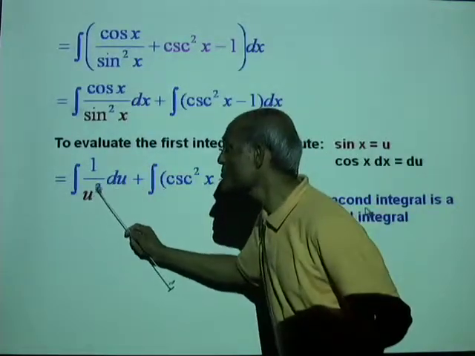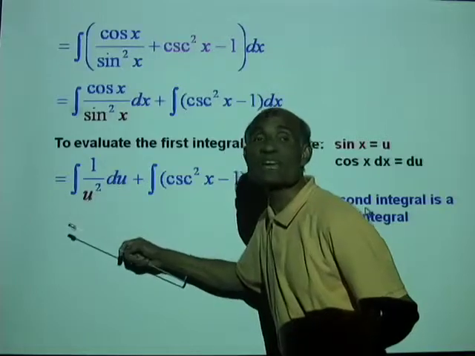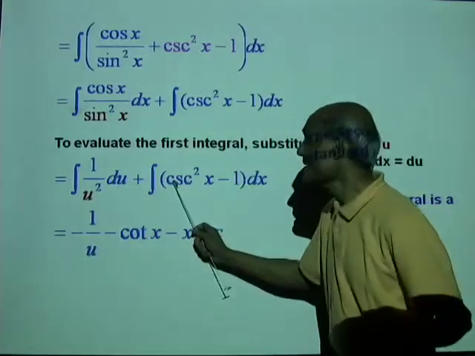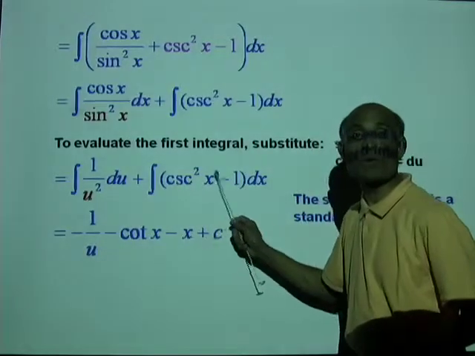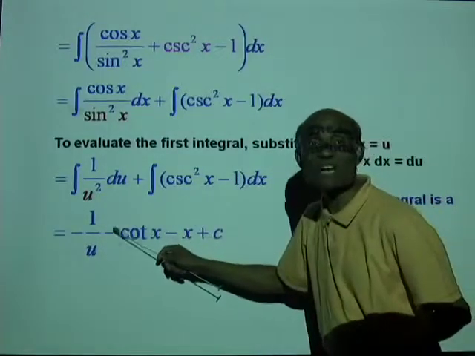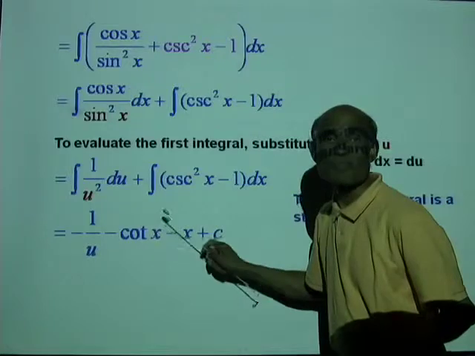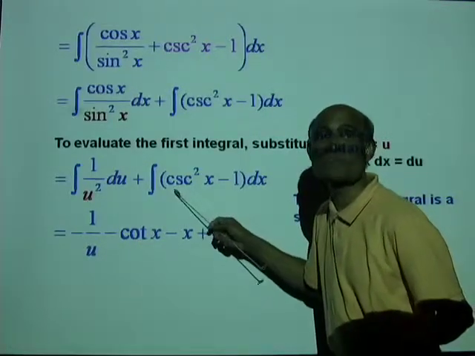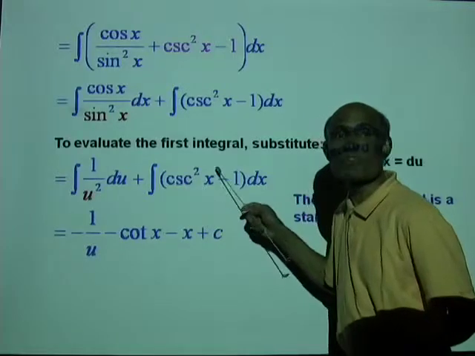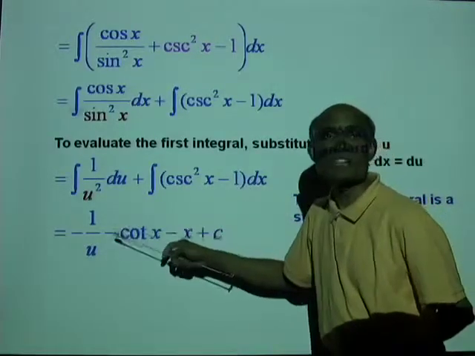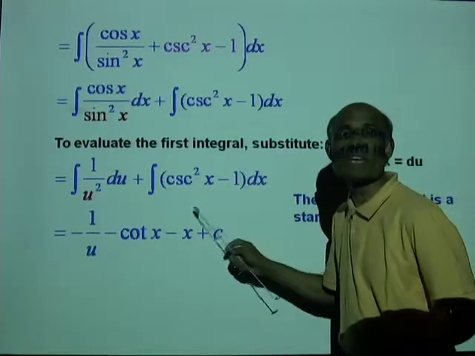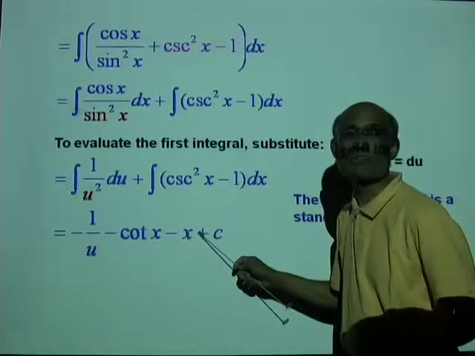Integral 1 over u squared du is negative 1 over u. So that's negative 1 over u. Integral cosecant squared x dx is negative cot x, because the derivative of cot x is negative cosecant squared x. Integral of cosecant squared dx is negative cot x. Minus integral 1 dx is minus x plus c.